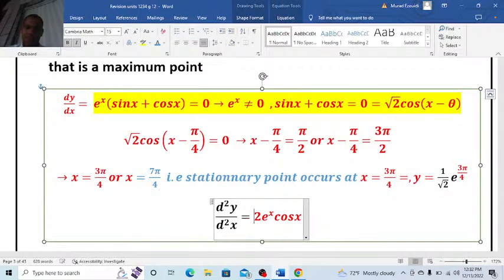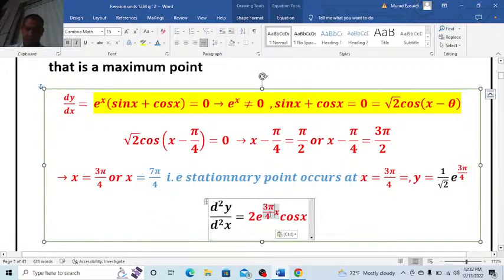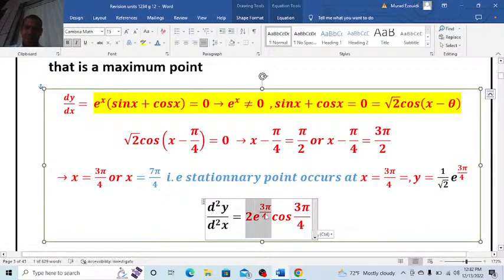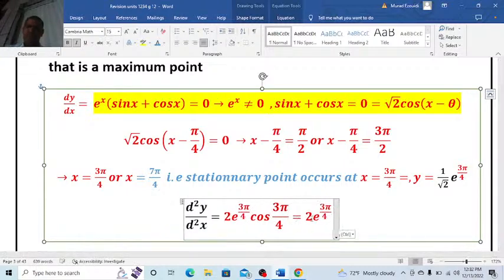Okay, so I'll just substitute in my second derivative the value of x, which is 3 pi over 4, cosine of 3 pi over 4. Keep this as it is. Now for this one, put as it is. This is no change.